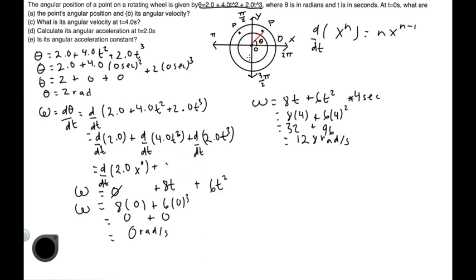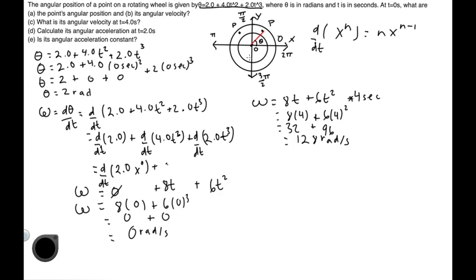For part D, we want to calculate its angular acceleration at 2 seconds. What this basically means is that we want to find the instantaneous rate of change of its angular velocity at a certain time, in this case 2 seconds, or in other words, its instantaneous angular acceleration.